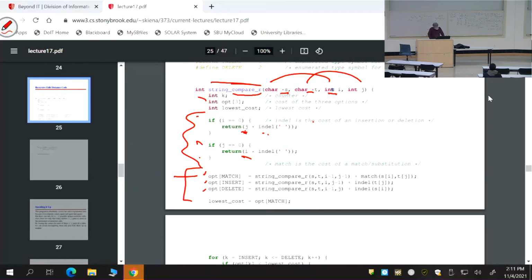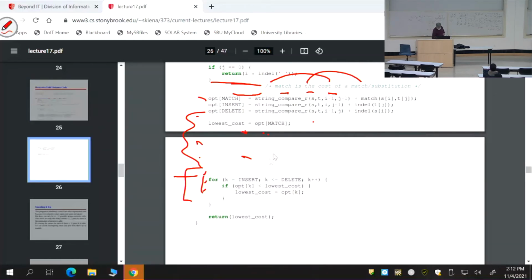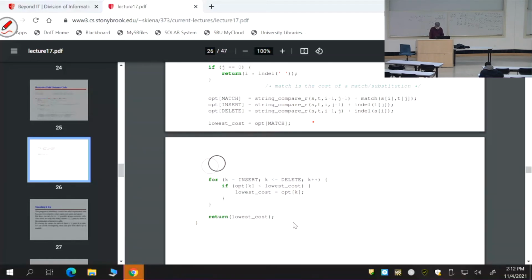How do I know that ending on a delete is the right thing? The answer is, once I've got the total costs of what happens if I end on each of the three operations, then I can find which is the cheapest of these and return it. Any questions? So if you're with me so far, you should believe that yes, this recursive program will work because it's just implementing the recurrence we have, but it's going to be exponential.